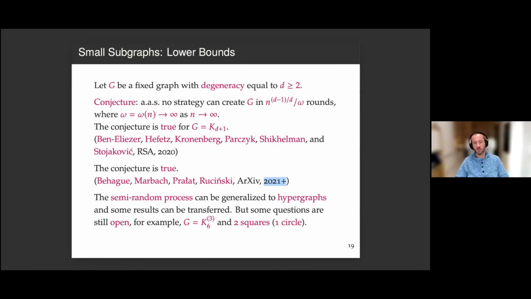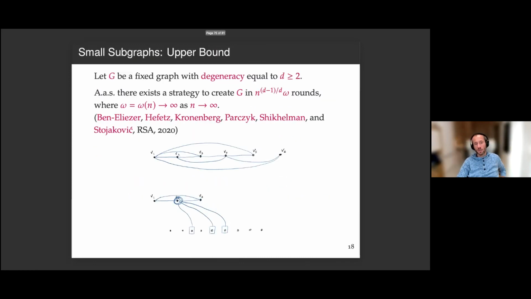Yeah. So we proved the conjecture for graphs, and then we realized that our lower bound, our proof, translates immediately to hypergraphs with one square, and of course the same applies to the upper bound. Of course, you have to have a different notion of the degeneracy here.